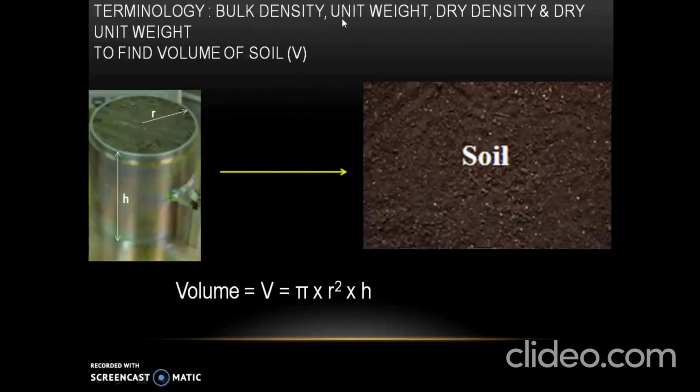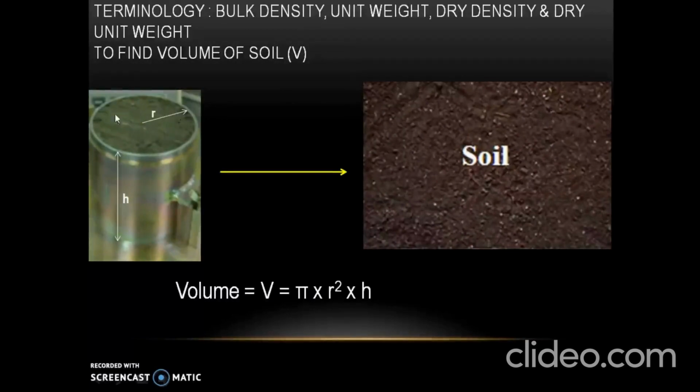Before going to the definitions of dry density and dry unit weight, we will check out how to find volume of soil. This is a soil sample which is collected in a mold of radius r and height h.